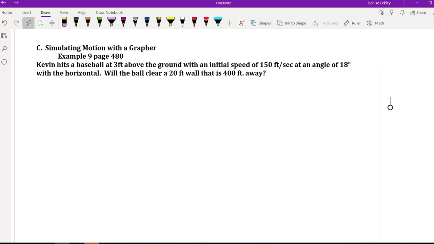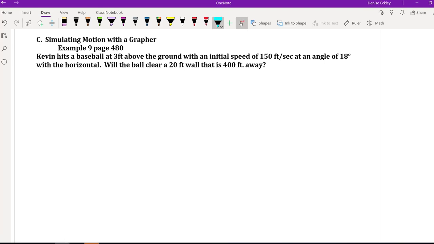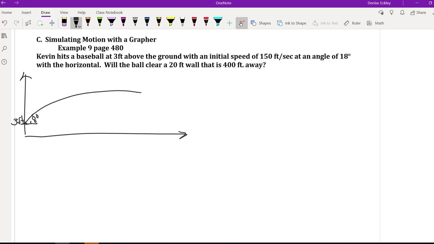Okay, so here's our picture. Let me just put an axis here. So Kevin's standing here, 3 feet is where the bat is. He hits the ball at an angle of 18 degrees. It's going to go up. It's going to come down.